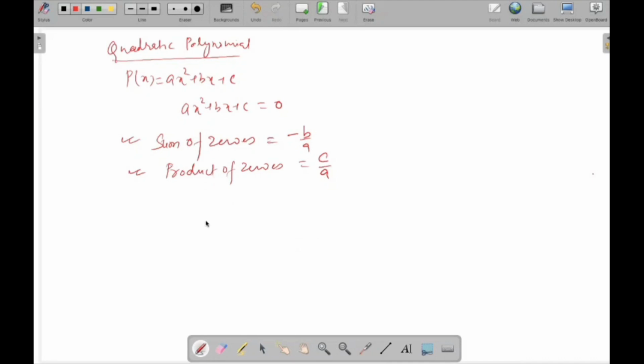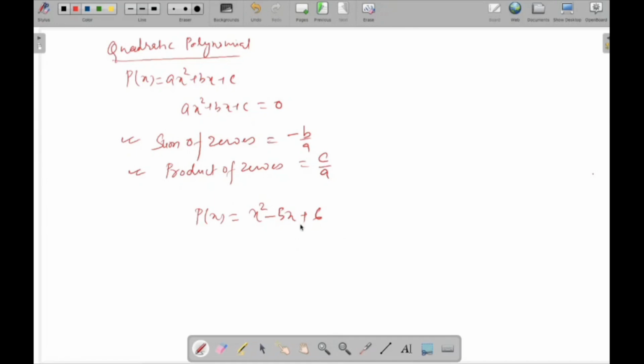So say for example, I have a polynomial of this form px is equals to say x square minus 5x plus 6. So I have to find the zeros of this polynomial.